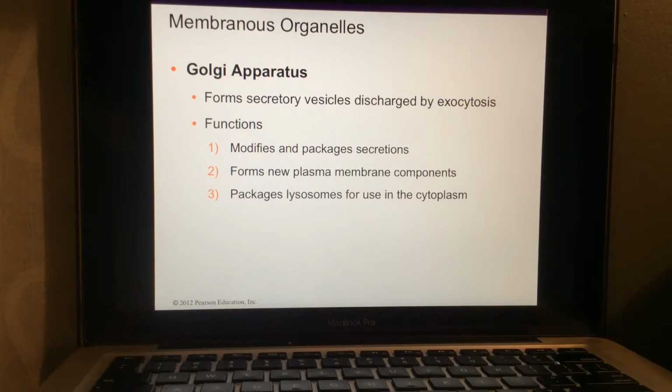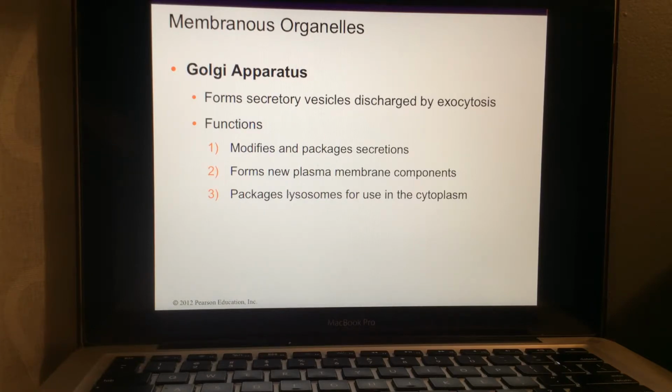The Golgi apparatus is going to be, again, in close proximity to the endoplasmic reticulum, and they are going to form secretory vesicles that are discharged by exocytosis. So with that, you're going to see three major functions.